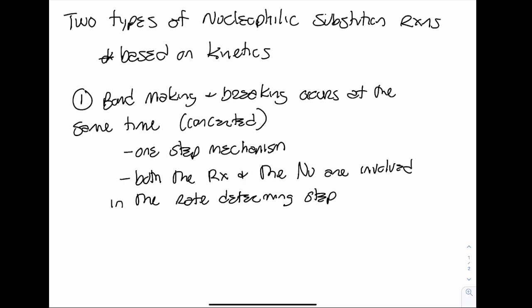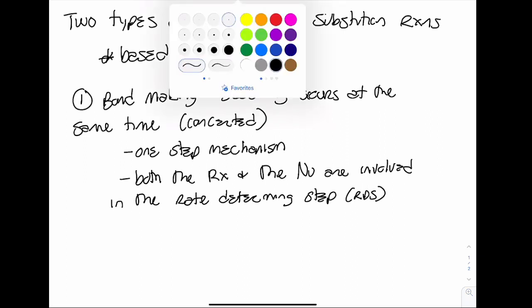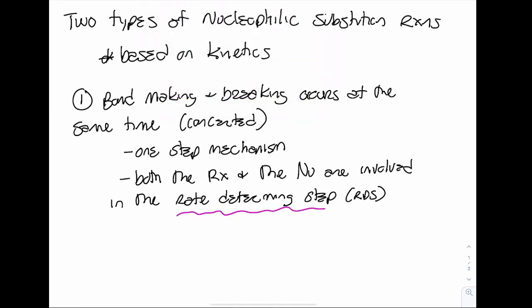Remember, a reaction can never proceed faster than its slowest step. So its slowest step is going to be the one that determines the rate. Rate determining step, I usually abbreviate it RDS. And then just a reminder, rate determining step, this is the slowest step of the reaction.